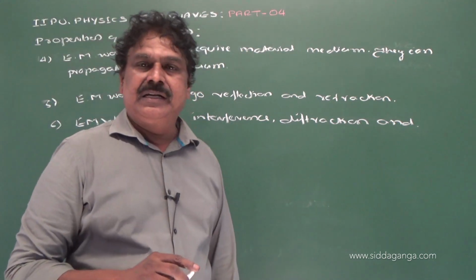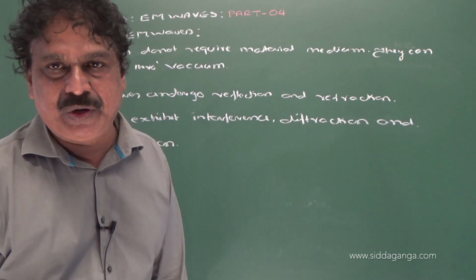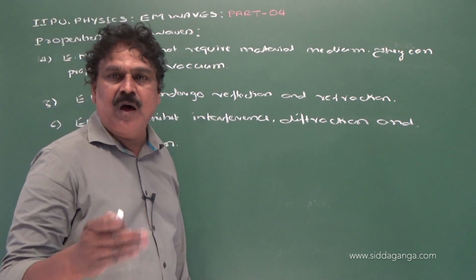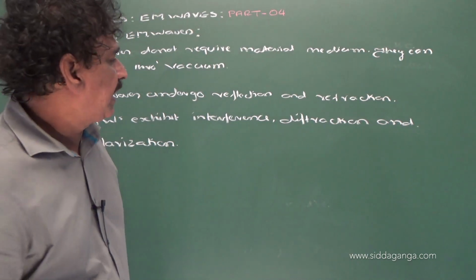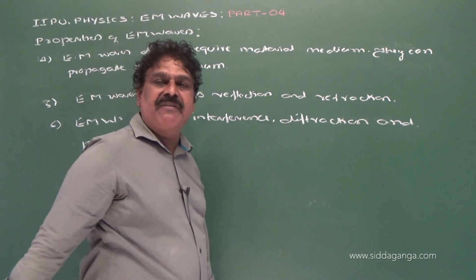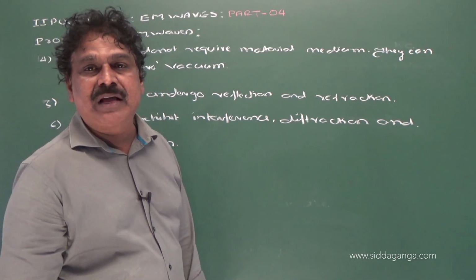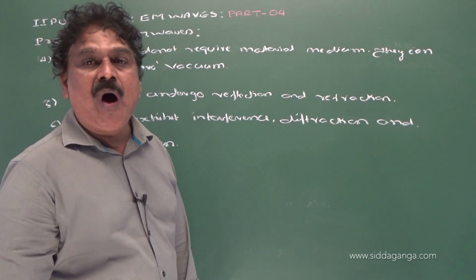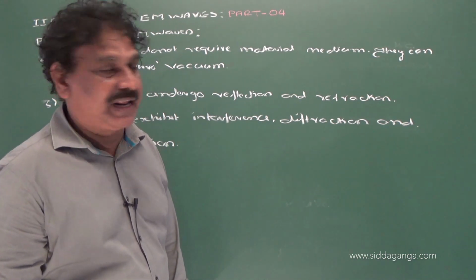Interference is the modification in the distribution of intensity of a wave due to superposition of two or more identical waves traveling through a medium. Diffraction is the phenomenon of bending of a wave around the corner of an obstacle or slit and encroaching into the region of geometrical shadow.